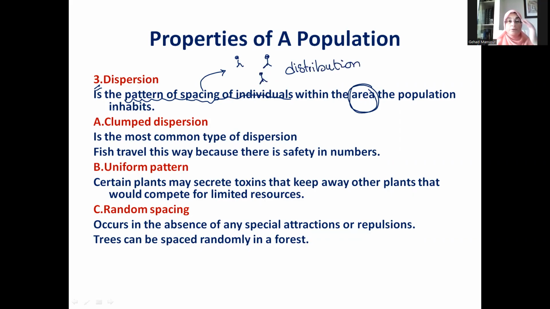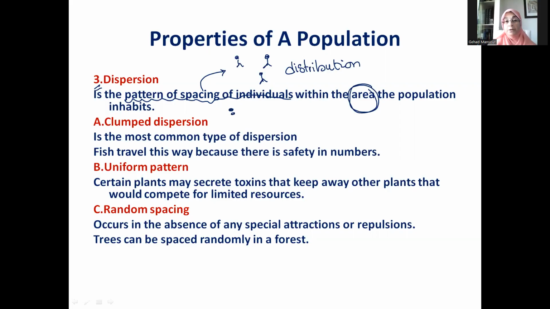So we can say that the dispersion is the pattern of distribution of the individuals within the area inhabited, which is, of course, related to the pattern of spacing of those individuals. And here we have three types of dispersion.